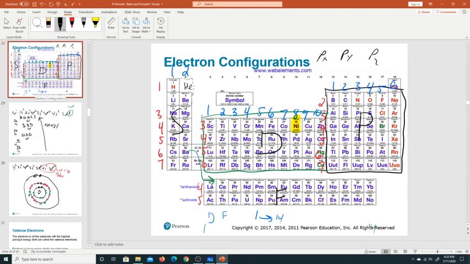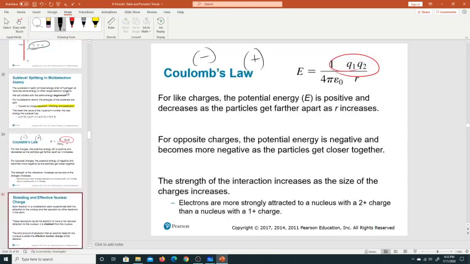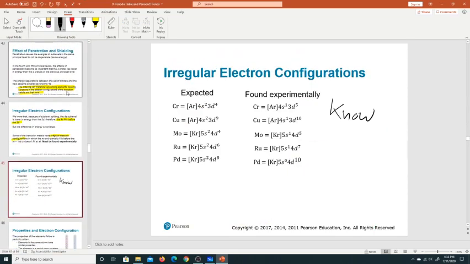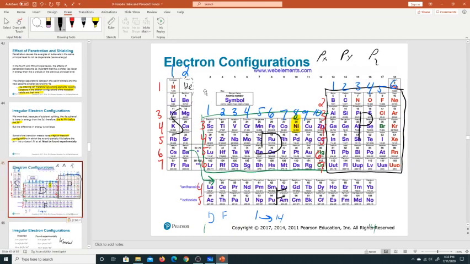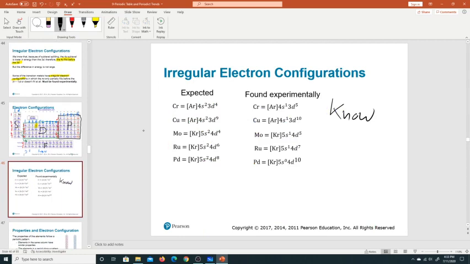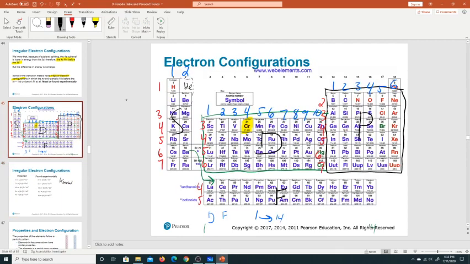So chromium is right here. We expect chromium to be argon core, 4s2 3d4.